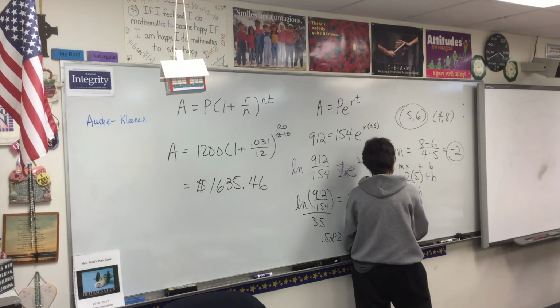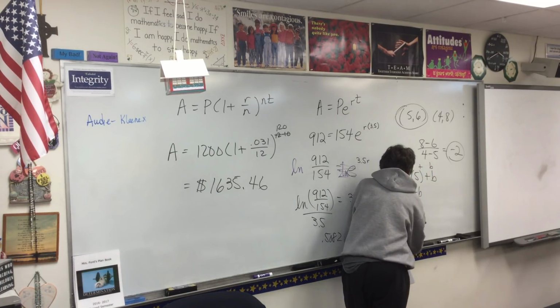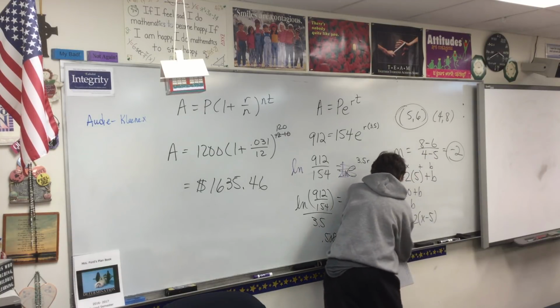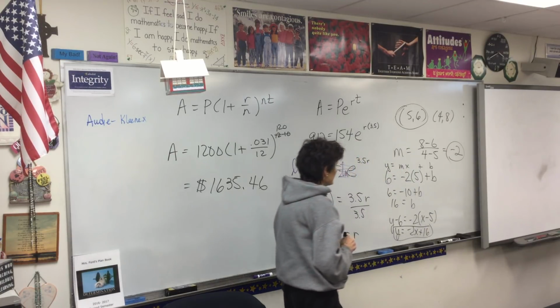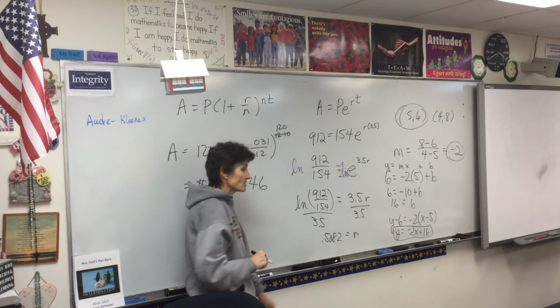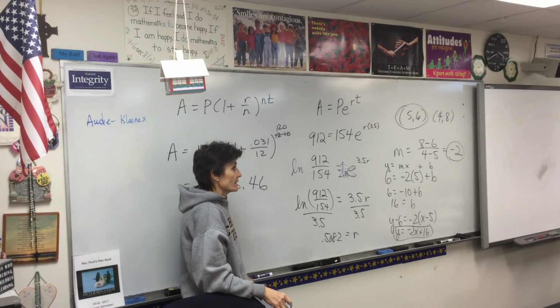B is 16. Or you can do y minus 6 equals -2 times x minus 5. Either way, you get exactly the same answer. You don't care how you do it, but that's the answer you have to come up with. Honestly, there is no reason for you to miss that.